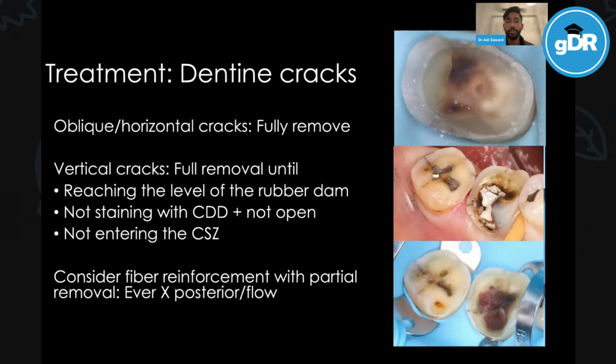Vertical cracks are a bit trickier because there are some people that just keep on chasing them down. There are some crazy people doing restorations 4, 5, 6, 7, 8 millimeters subgingival. Sometimes it needs to be done, but if it doesn't really need to be, I don't see the need to put the patient and myself through that. So with vertical cracks, I try to fully remove them until I'm reaching the level of the rubber dam.